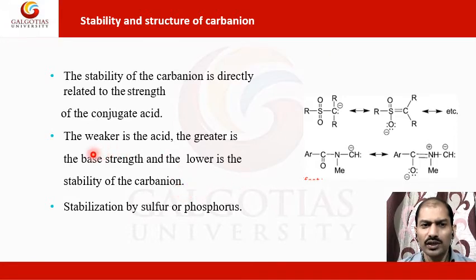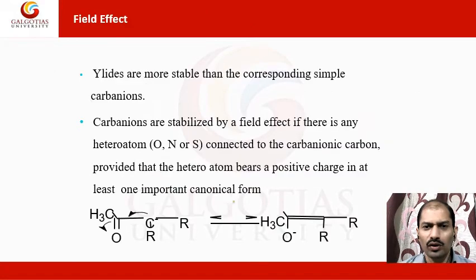Stabilization by sulfur or phosphorus, or other metals, can stabilize the carbanion, but that depends on whether it is present in the reaction. Only then can the particular molecule, or carbanion in a molecule, be stabilized.